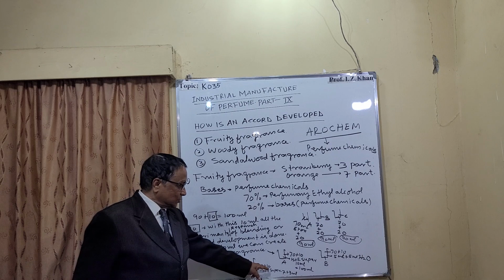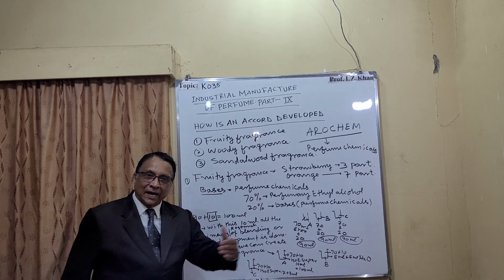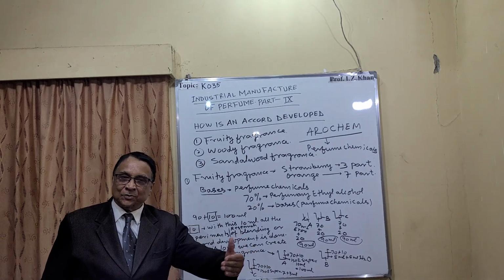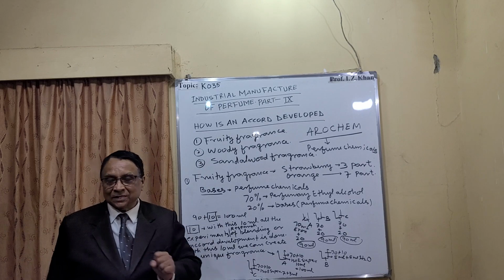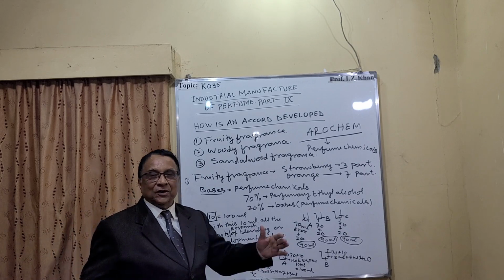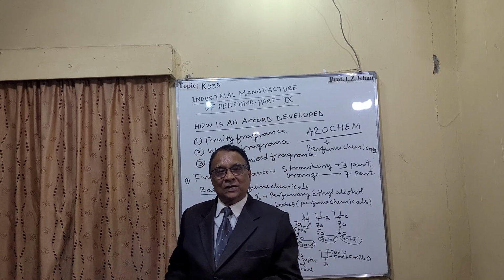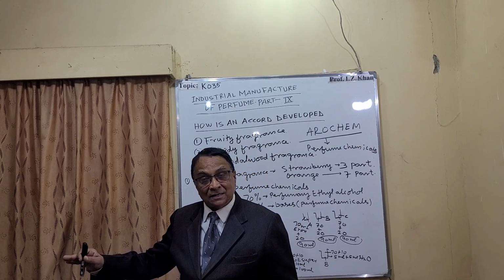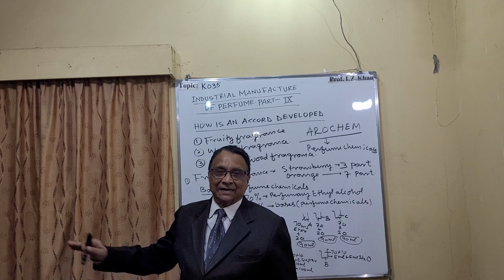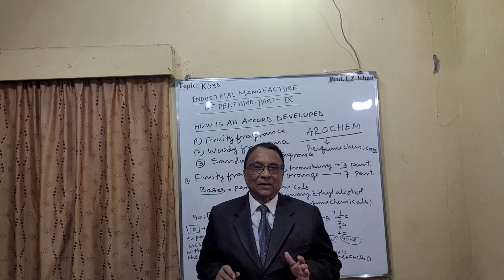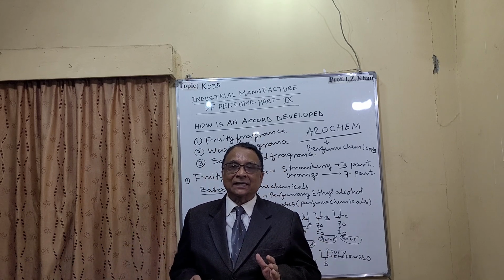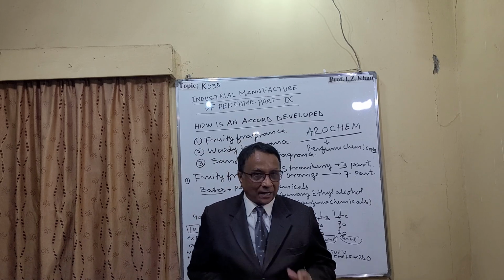In that case, iso E super you can put 7 and reduce 2 ml water, you can put 3 ml water, that becomes C. So they are all accords, different variants. And after 1 week, 15 days, 1 month, you will get that the unique fragrance is developed. That is called the development of accord.